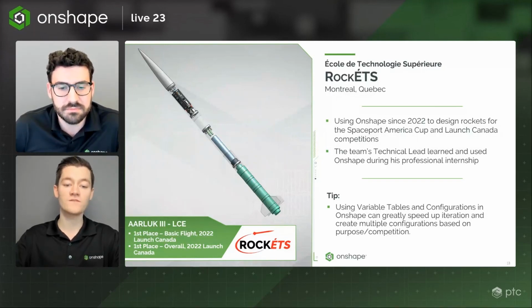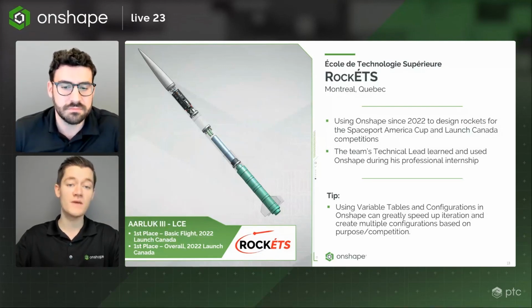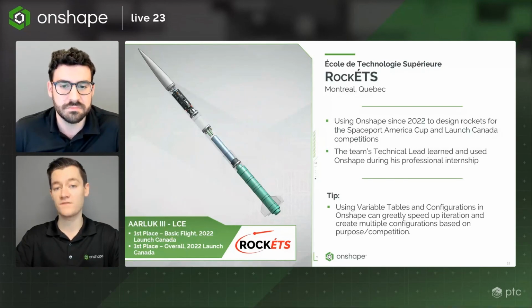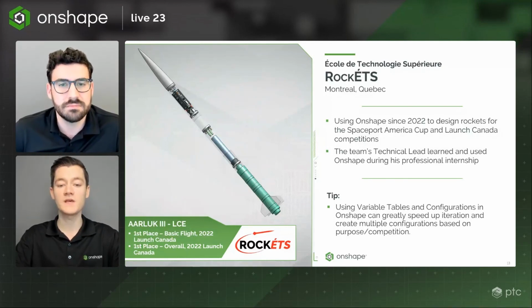They recently had great success at the 2022 Launch Canada event, and it should be mentioned that they do compete in more than just that one event. Because they compete in multiple different rocketry competitions, they actually use configurations to change the model of the rocket, to change what payload is on board, depending on what competition they're going to next.